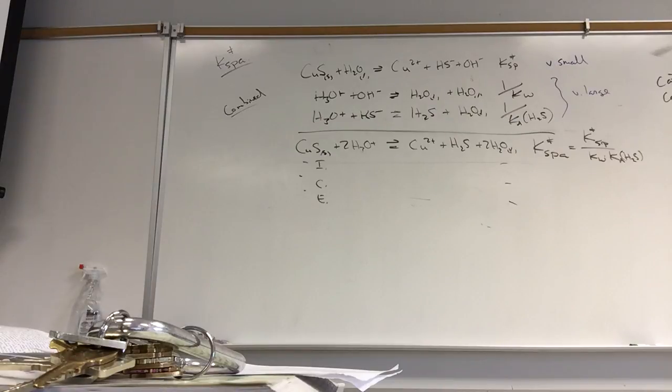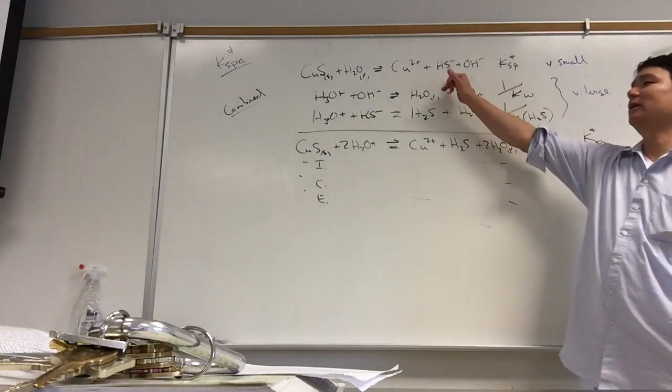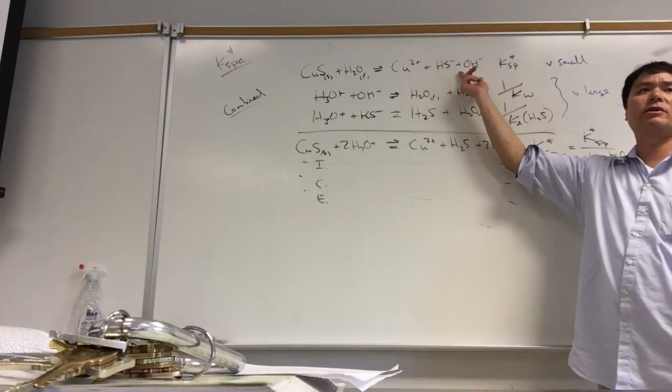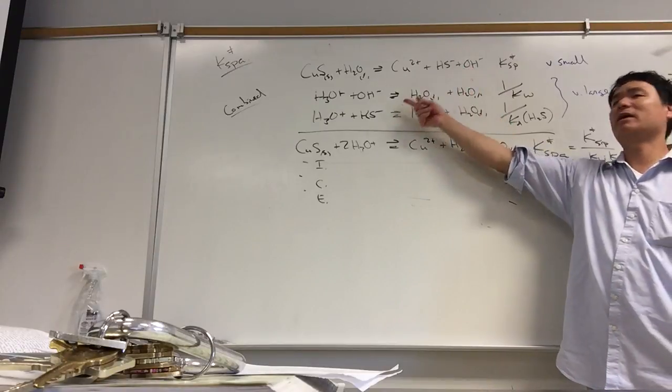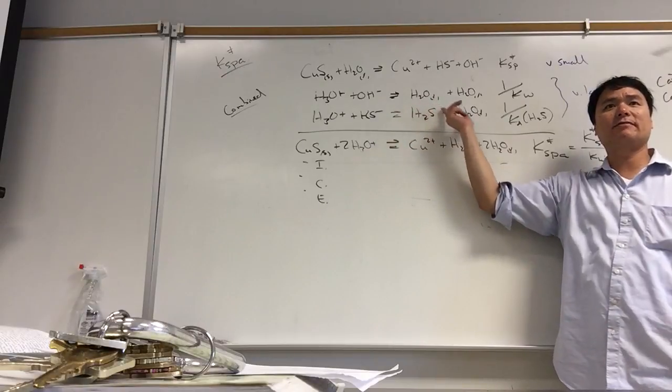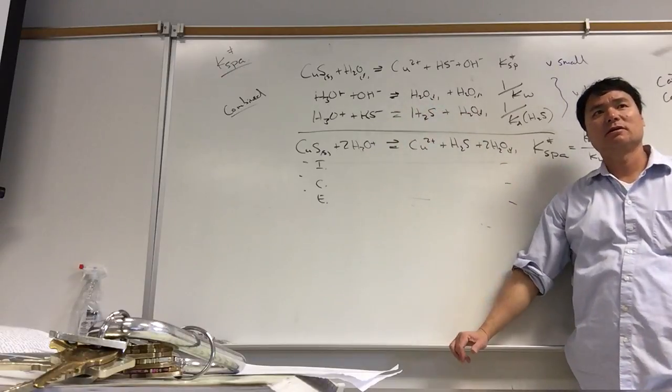In other words, we can't completely ignore the intermediate species, dihydrogen phosphate and monohydrogen phosphate, because those are significant. Versus over here, we can completely ignore them because we generate very little HS minus and OH minus, and whatever we generate, we consume quite aggressively because these have very large Ks. Does that make sense?